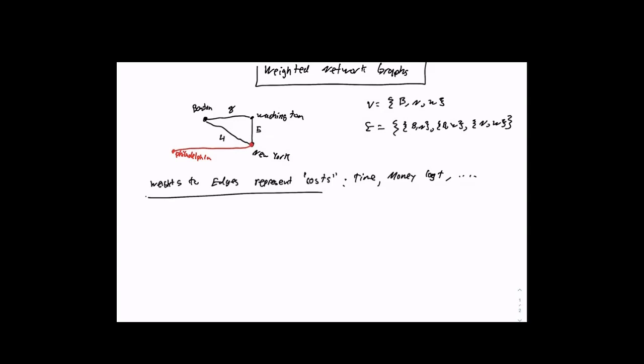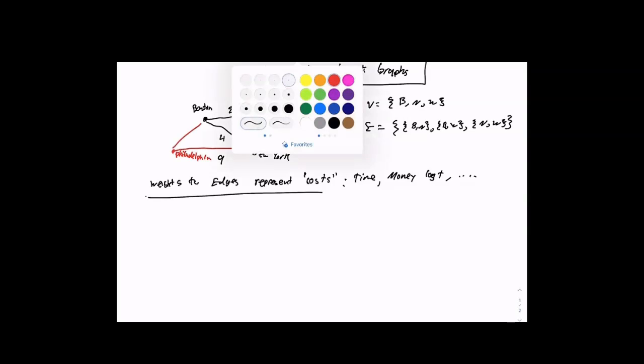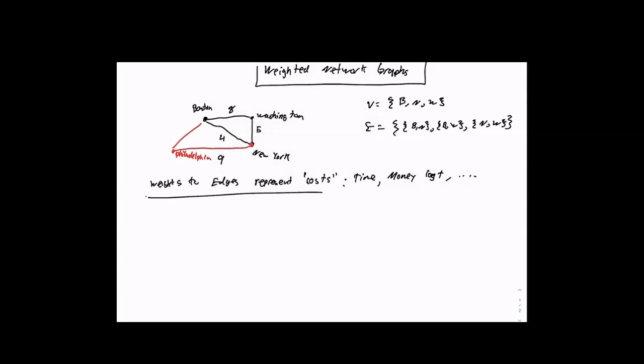Actually, I can do it like this. Right here. So now, if we're starting at Washington, we have no direct path to get to Philadelphia.